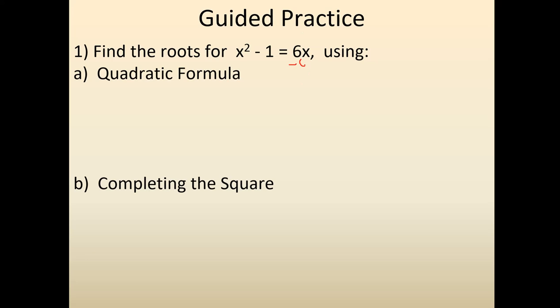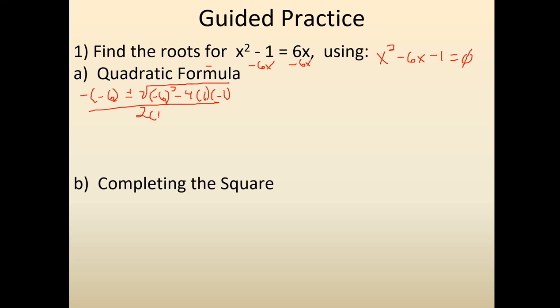It's going to slightly change the numbers around. Same thing happens. I'm going to subtract the 6 over to the other side. We get it in our standard form like this. Using the quadratic formula, we do negative b plus or minus the square root of b squared minus 4 times a times c, all over 2a.